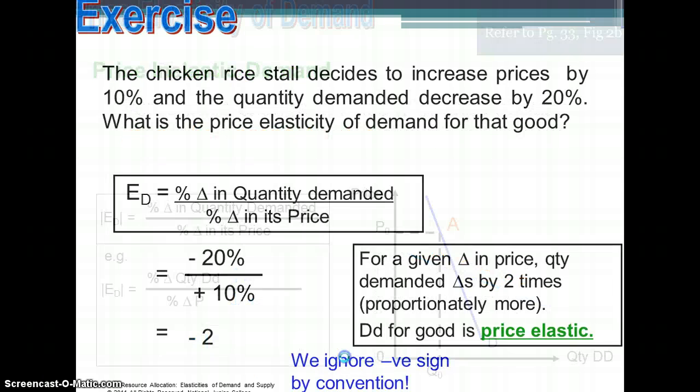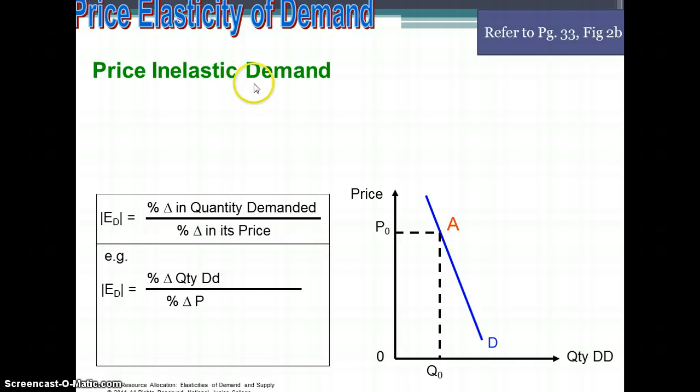The second case is when the demand of a product is price inelastic. So what is meant by price inelastic? When the price decreases by 10%, the quantity demanded will increase less than 10%. If you refer to this diagram, when the price drops from P0 to P1, the quantity demanded increases from Q0 to Q1 by a smaller extent.